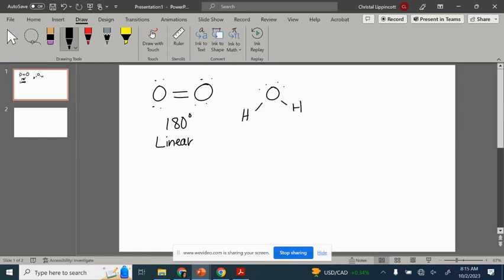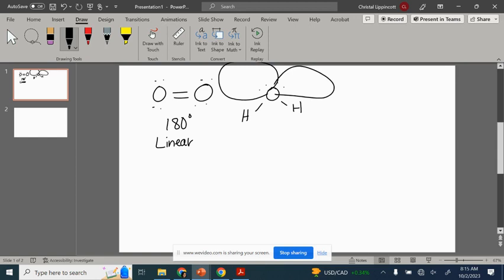If I have this guy, the problem with these lone pairs is that sometimes it's hard to visualize those. So think of them as something coming out like this. You're looking at 2 different lobes coming out. These are substantially larger than these.